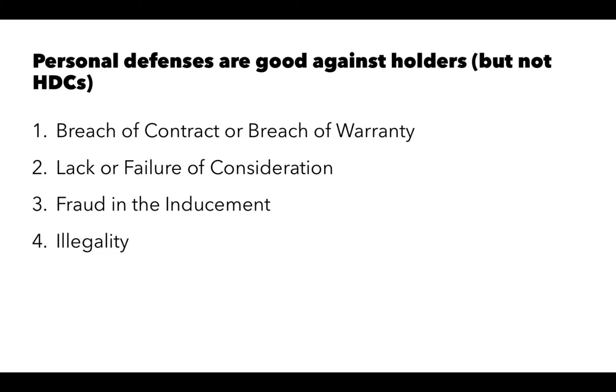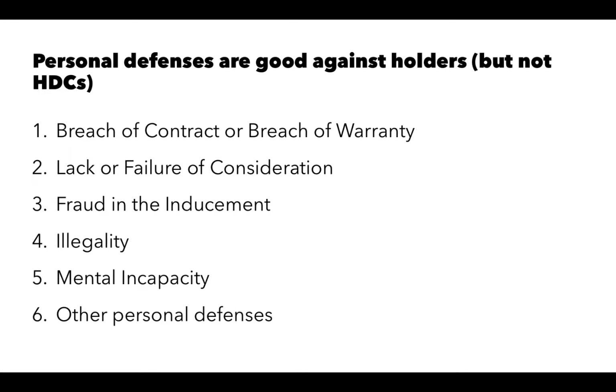Again, illegality, acts that render a contract voidable, create a defense against an ordinary holder, but not against an HDC. And finally, mental capacity. Any instrument issued by a mentally incompetent person is voidable, and this defense is personal in that if the person has not been declared mentally incompetent by a court.